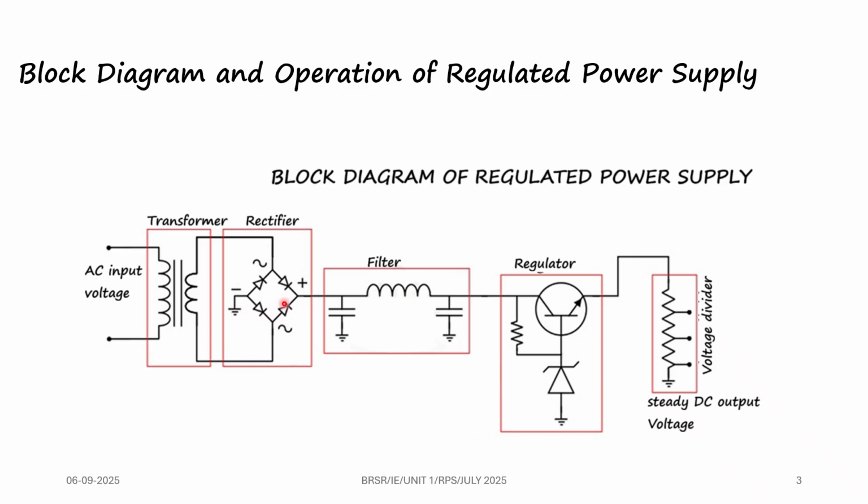It has 4 diodes, and the AC input voltage available for the rectifier from the transformer is converted into a DC voltage, and that DC voltage is filtered using a filter circuit. Then the output of the filter circuit is given to a regulator where the voltage is made a steady voltage irrespective of the change in the load side.